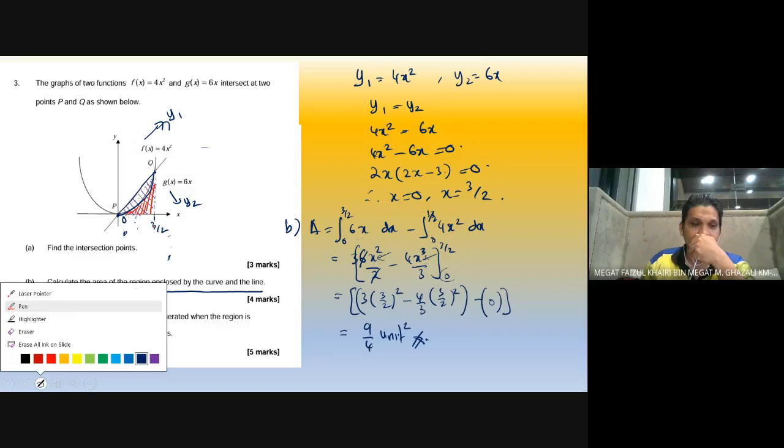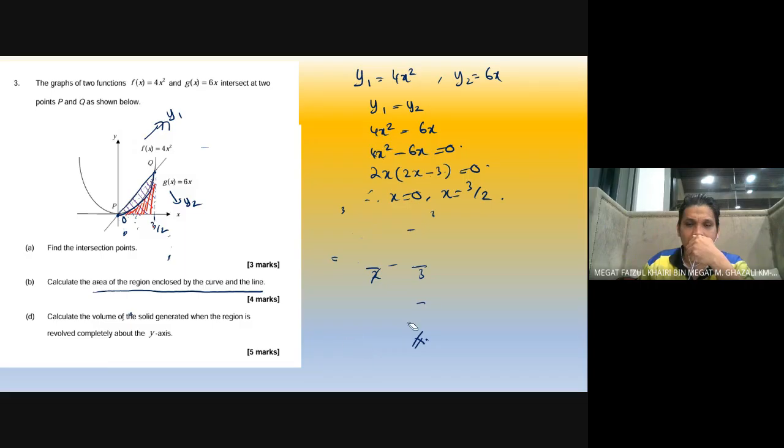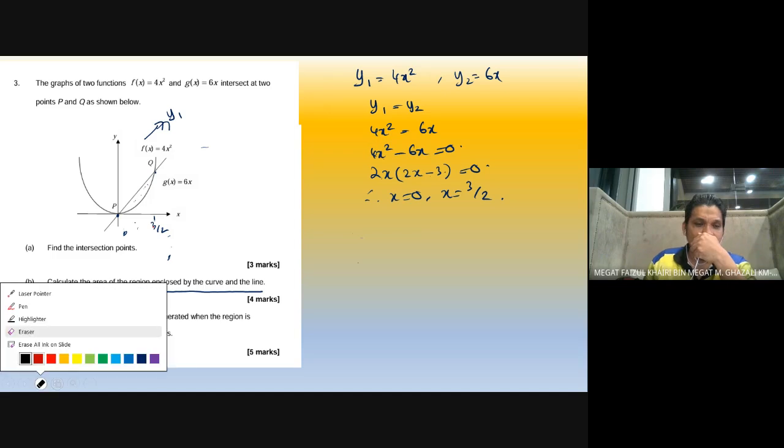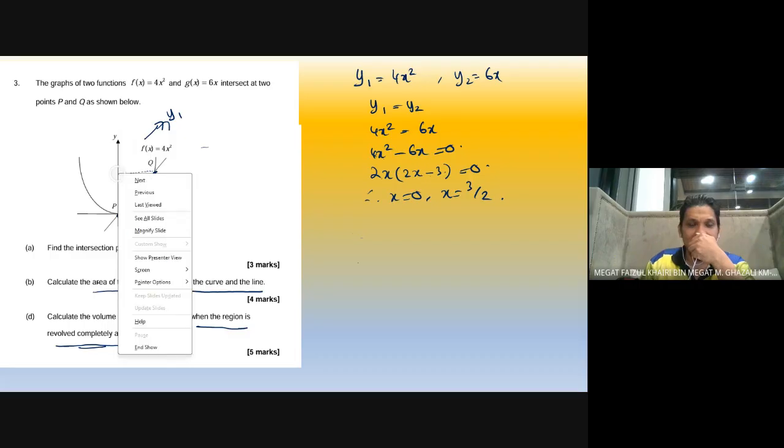Now, for question C, we need to be careful because it's stated in the question: calculate the volume of the solid when the region is revolved completely about the y-axis, not the x-axis. So from this intersection point, we are going to refer to the y-axis.